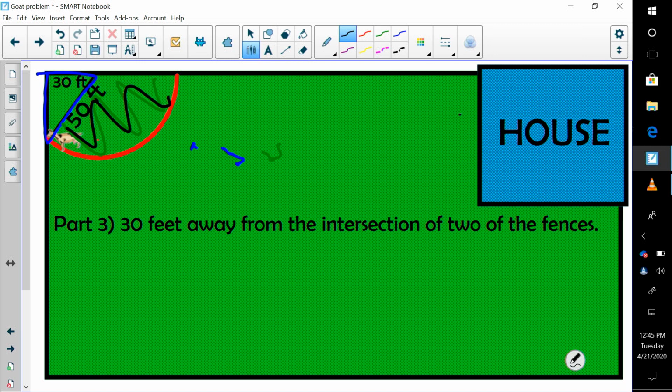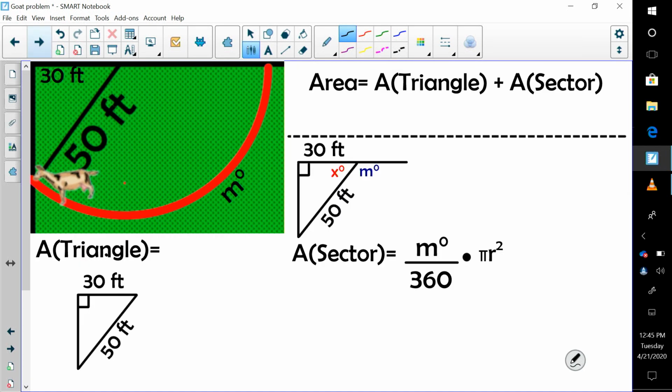We want to find the total grazing area for Pumpkin. What I've done is clip this down so we can hone in on the area we're looking for. Remember, it is formed by a triangle and a sector.